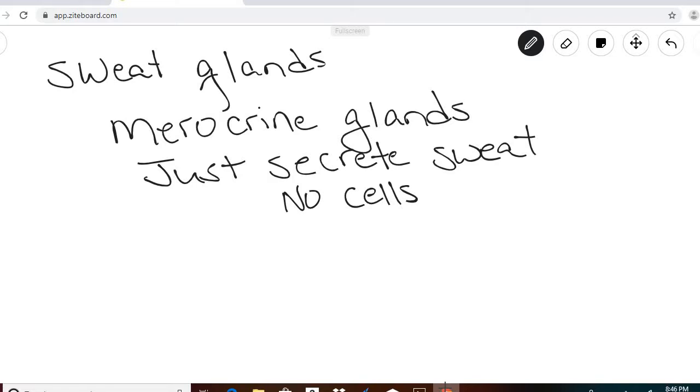There are no cells secreted, it's just sweat. So most of the sweat glands in your skin are merocrine sweat glands that secrete sweat onto the surface of the skin.